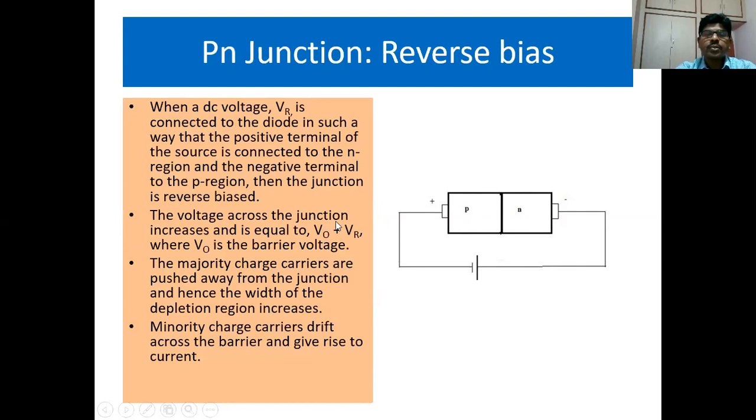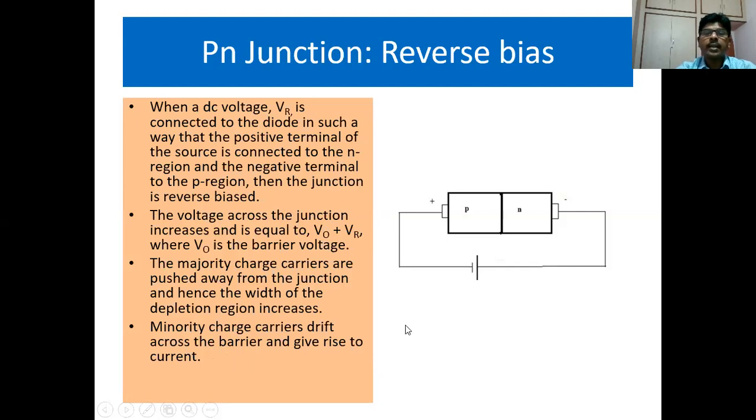The voltage across the junction increases and is equal to V0 plus VR, where V0 is the barrier voltage. The majority charge carriers are pushed away from the junction and hence the width of the depletion region increases. Minority charge carriers drift across the barrier and give rise to current.